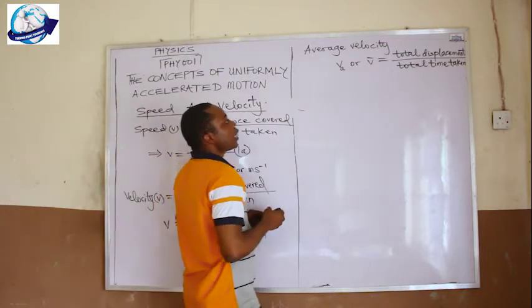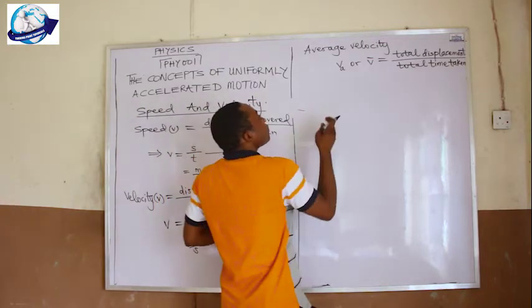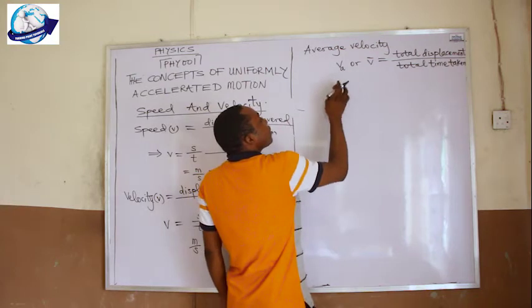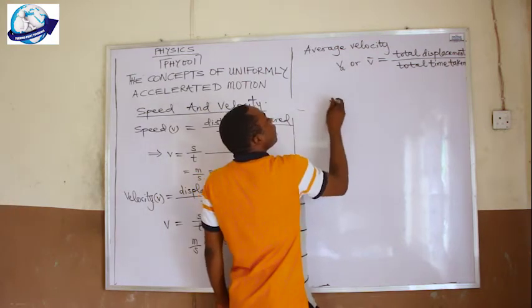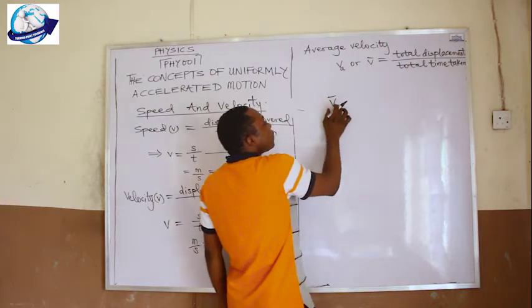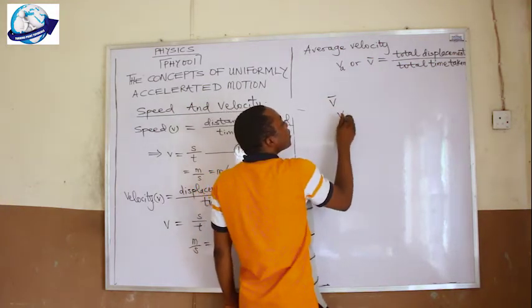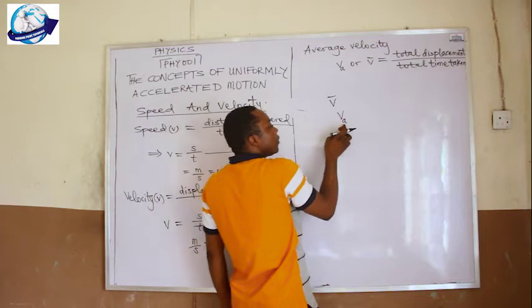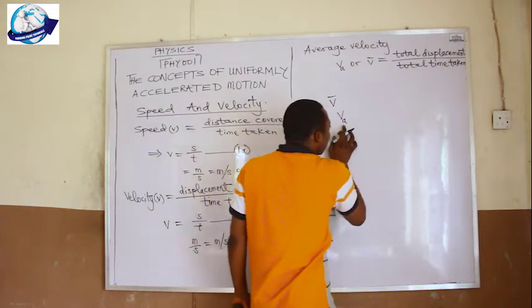Just have it in mind that the V bar you are seeing here represents average velocity, or we can use V subscript A to represent average velocity.